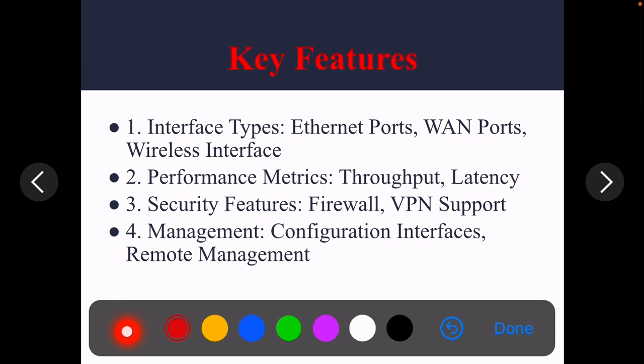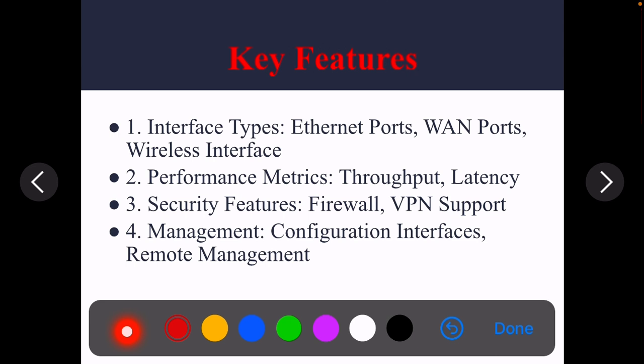So latency means how much time it will take, and throughput means how much data is passed in a given amount of time. The next is security features: firewall and VPN support. As I said earlier, there is a firewall and VPN for security features.